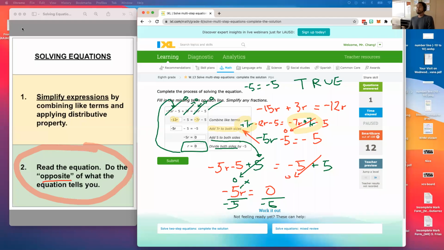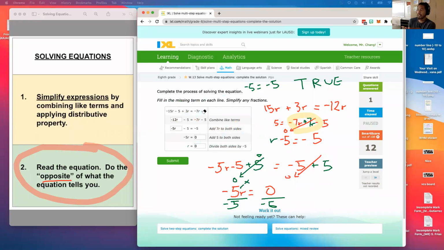All right. Before I hit the submit button, there are a couple of other things that I wanted to say here, which is, let's see, we talked about combining like terms, doing the opposite. Oh yeah, what I wanted to tell you is IXL is giving you a very specific order to do things. They're telling you exactly step by step what they are doing. And so your job when you have a low SMART score is to do exactly what they tell you in the order that they tell you.